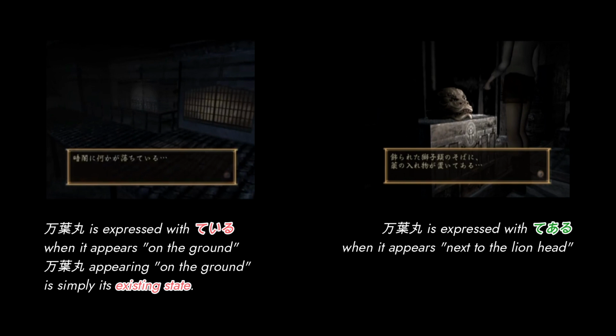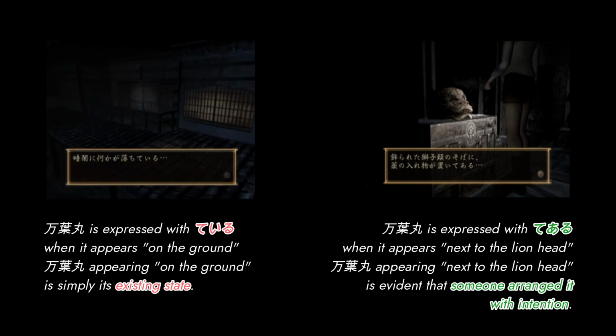It could have been dropped there by the homeowner by coincidence. However, when it appears next to the lion head, it is evident that someone arranged it with intention, aiming to be discovered by you. He wants you to discover this item.